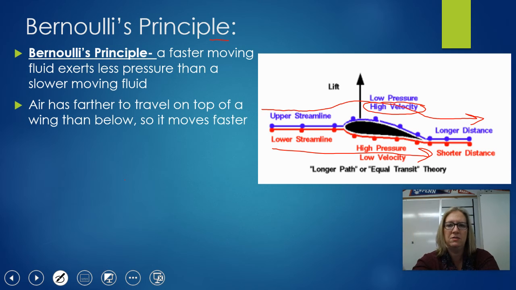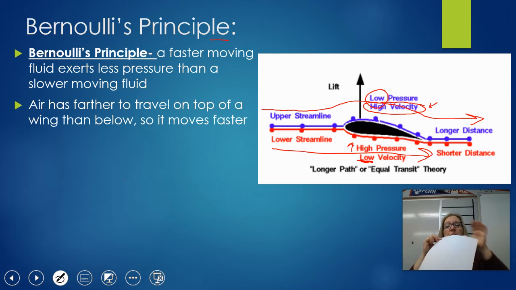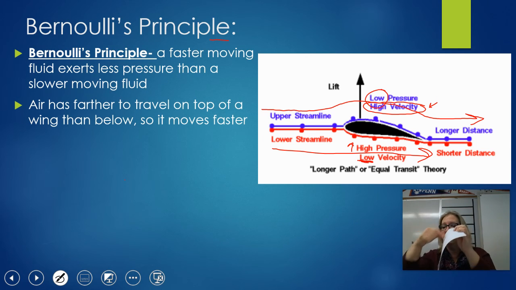So the air on top has to go faster. Based on Bernoulli's principle, faster moving fluids have lower pressure, okay? So the faster air on top has a lower pressure than the slower air on the bottom, which has a higher pressure, okay? When I blow on the paper, the faster air on top has lower pressure than the bottom.